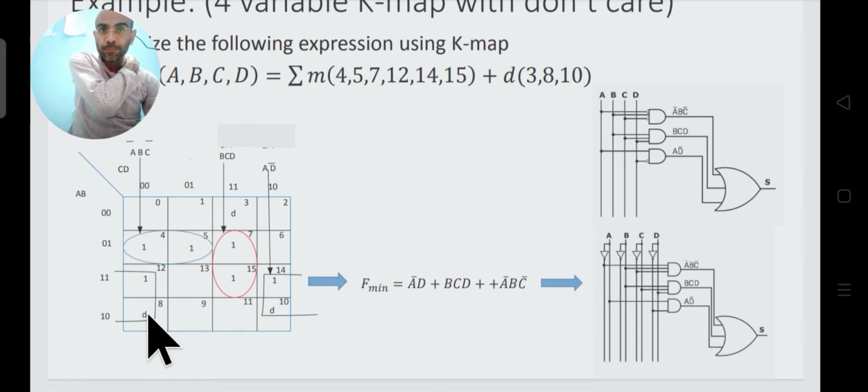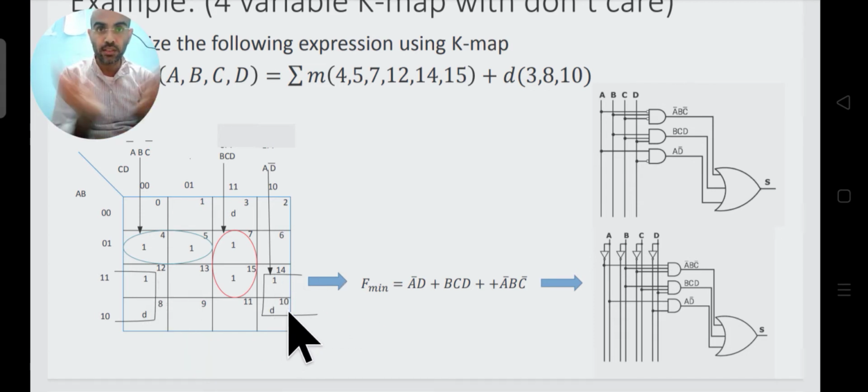Now let's try to group them, and later on we will see how to implement the circuit for it. First of all we will try to form a group of 16, which is not possible. So what is the highest group which we can form? The highest group we can form is this particular quad. They are adjacent cells 8, 12 and 10, 14.